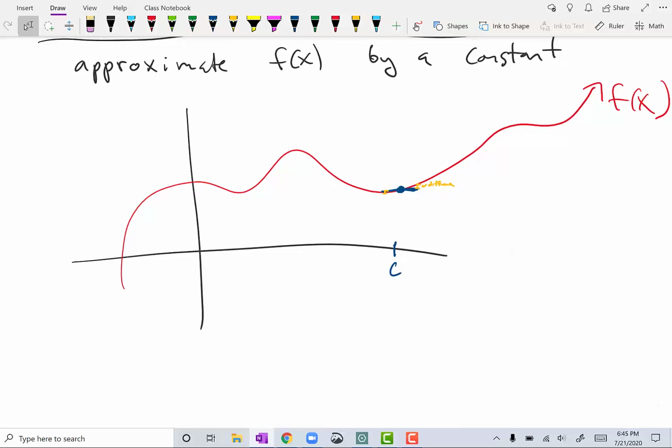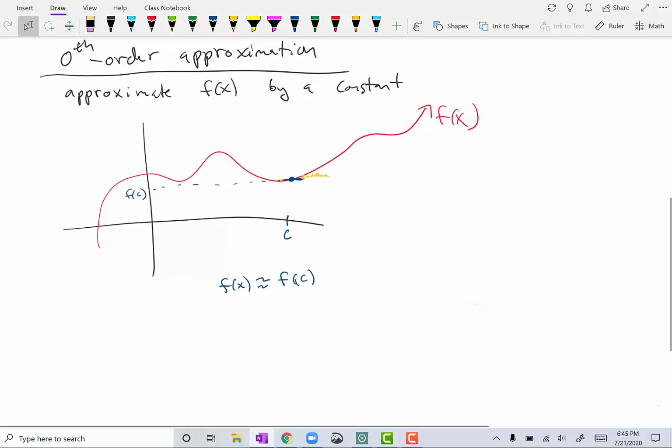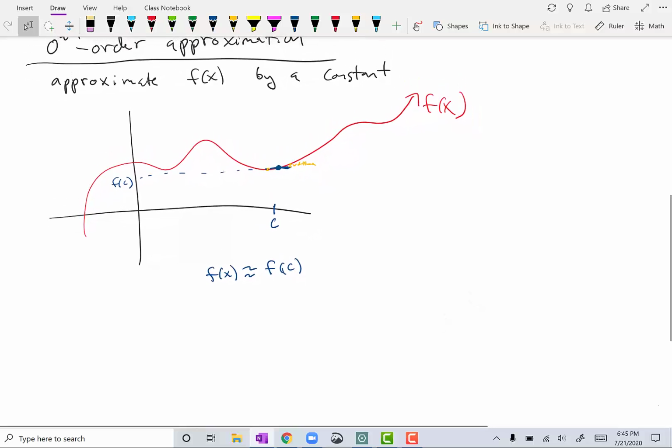And so we would say something like this, where this value here is f of c. So that's one thing you can do, but it turns out to not be the greatest approximation, right?